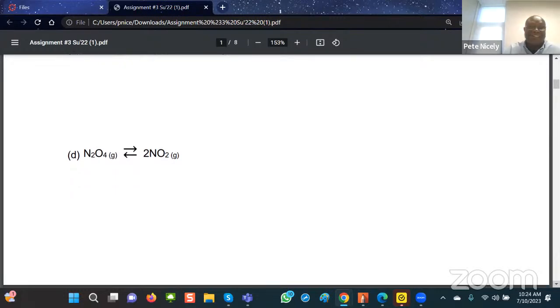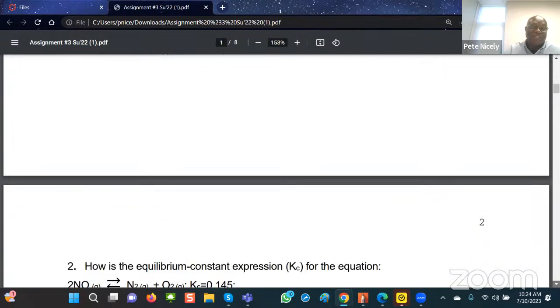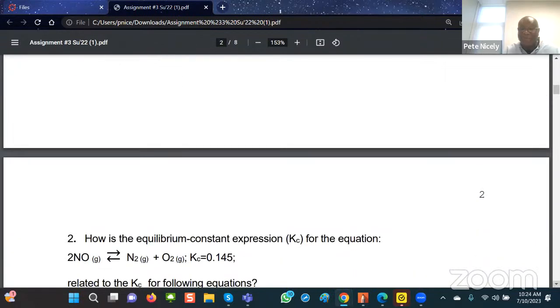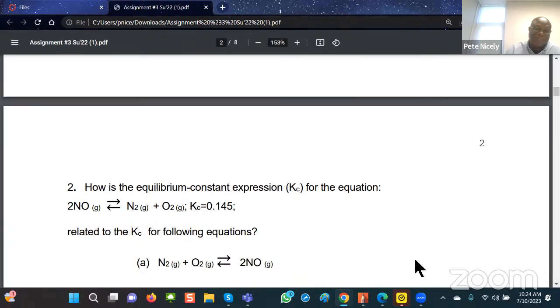Back in those days, we had to be concerned with the units for KC and also KP, and also for the other Ks that you're going to learn about later on. But the accepted practice now is that we don't write down the units. We just simply do the calculations based on the equation and write down the final numerical answer.